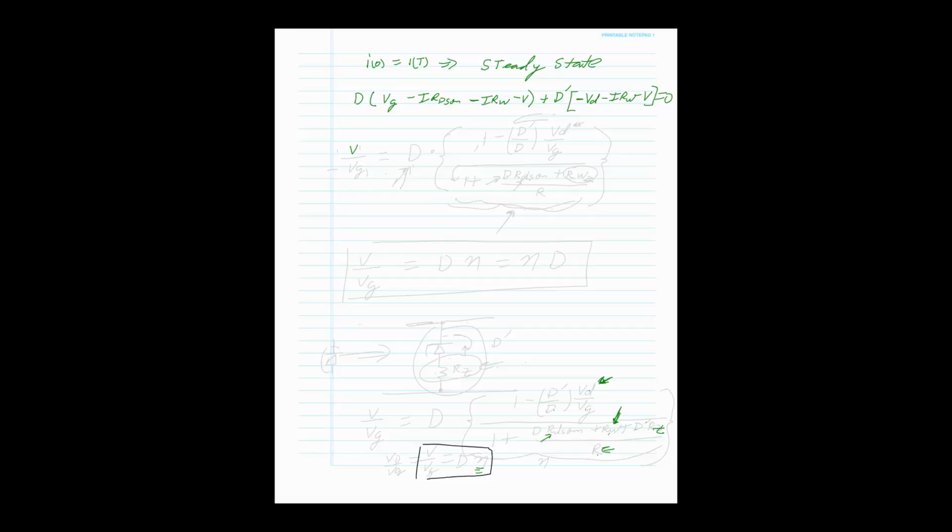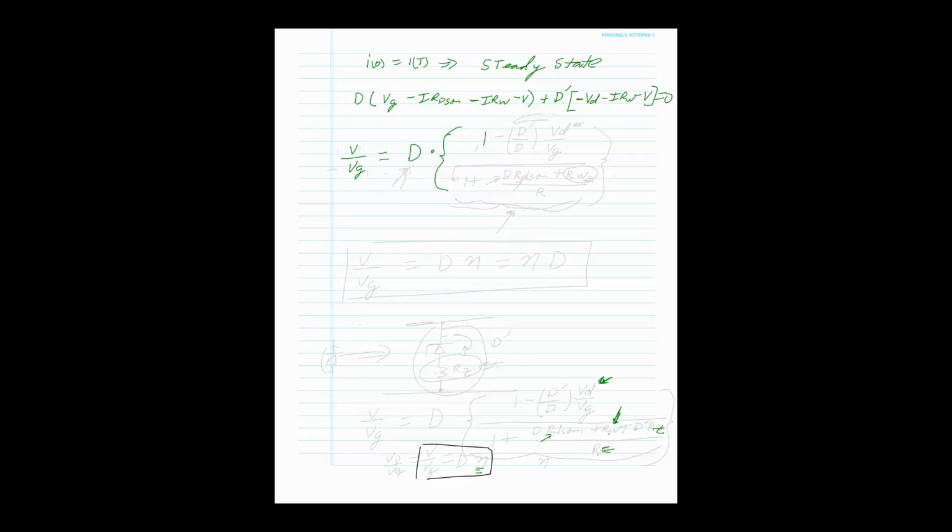And the conclusion is I'm trying to find V over V sub G, the transfer function. So that's going to be equal to D after you solve for the terms. And that is going to be D times this expression.